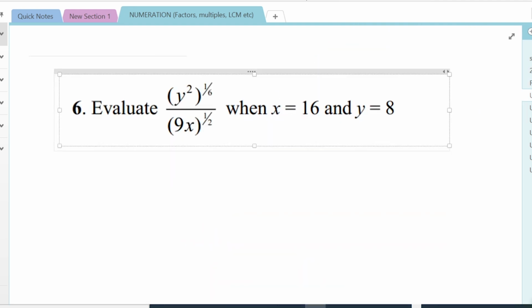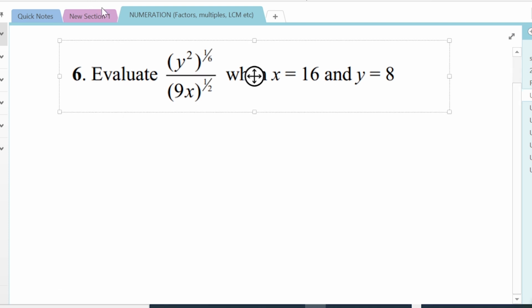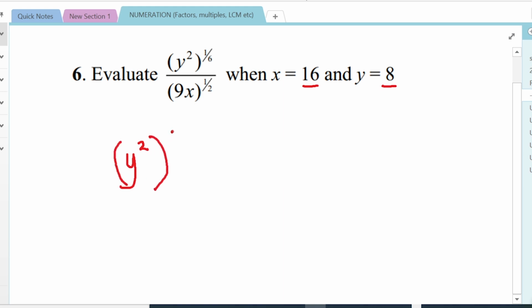Moving on to the next one, we have this here: evaluate this where x is 16 and y is 8. So here we shall first substitute. So y squared, this whole thing is to the power 1 over 6, divided by 9x, this whole thing is to the power a half.